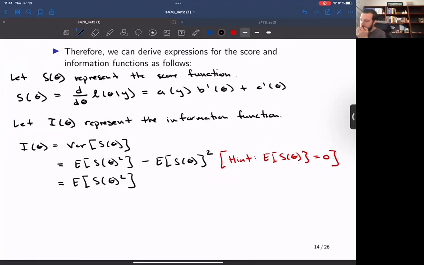Oh, actually, we didn't even need this. But we can probably end up with the same conclusion. So we'd have to expand the quadratic, carry the expected value through.